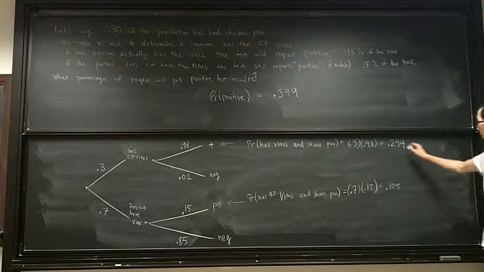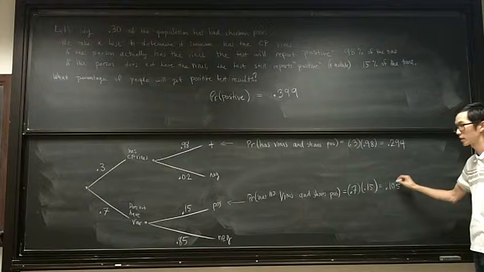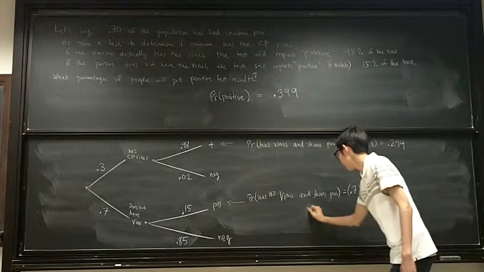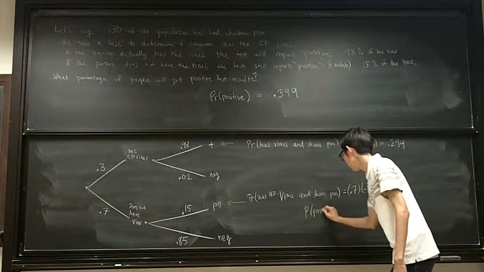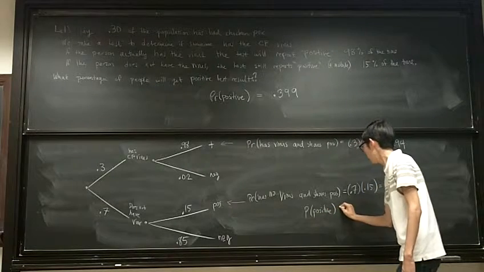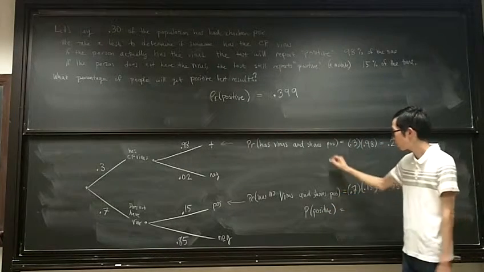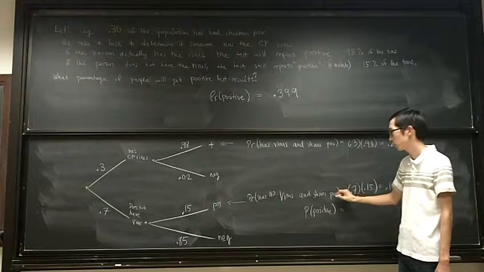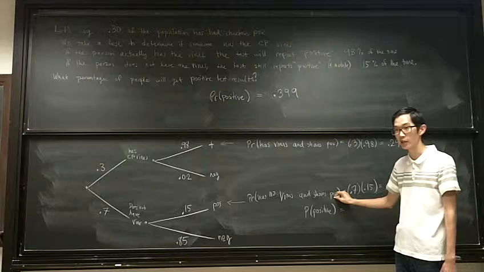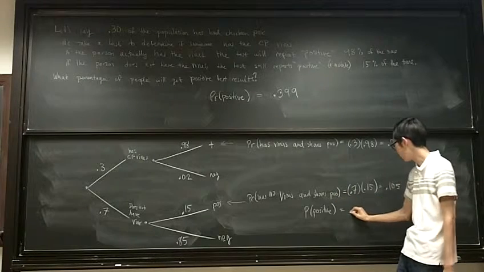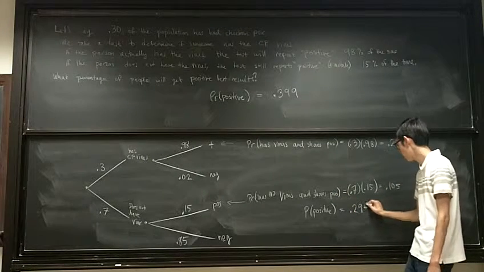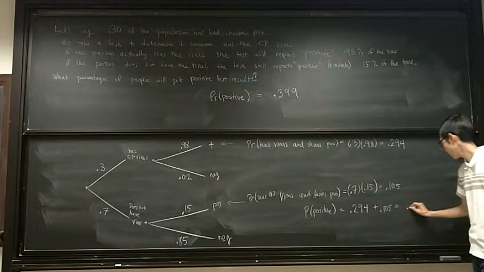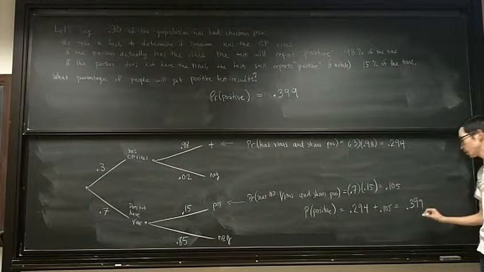And then I add these two things together. So the probability that someone shows positive is equal to the probability that someone has the virus and shows positive, plus the probability that someone has no virus and shows positive. So this is equal to 0.294 plus 0.105, and that's how I get 0.399.